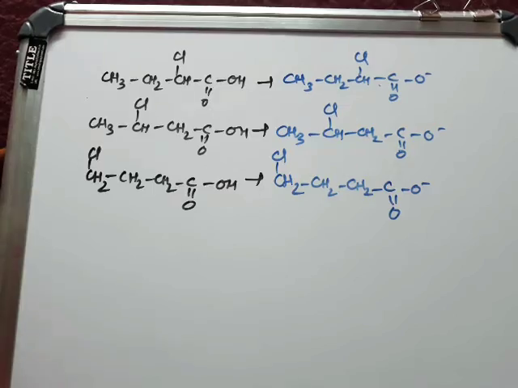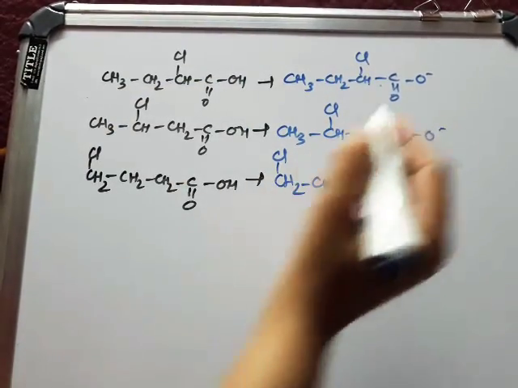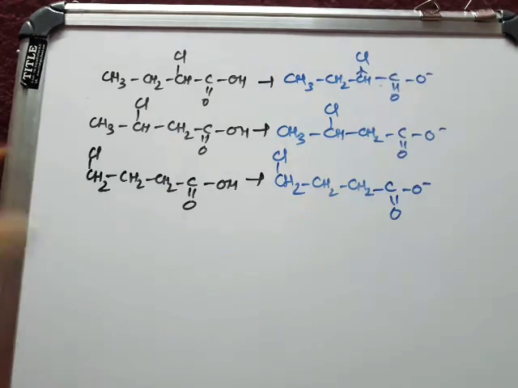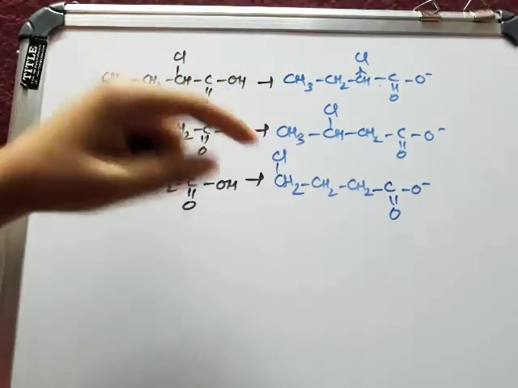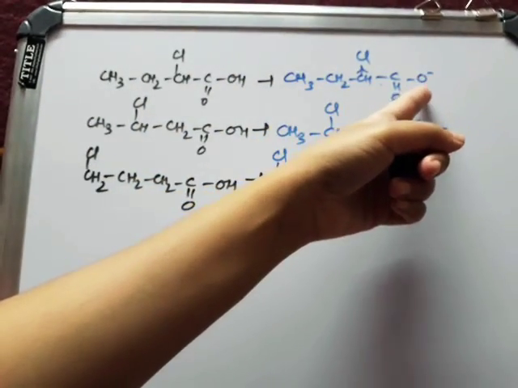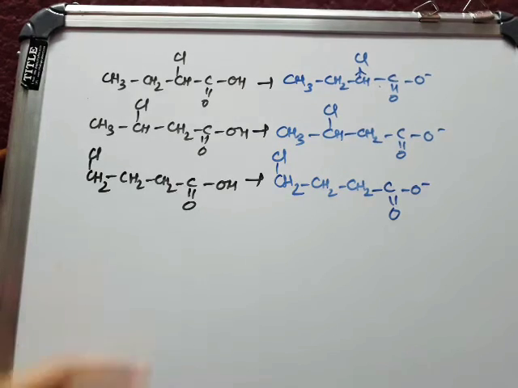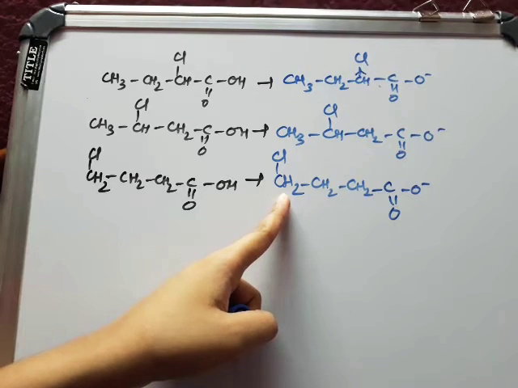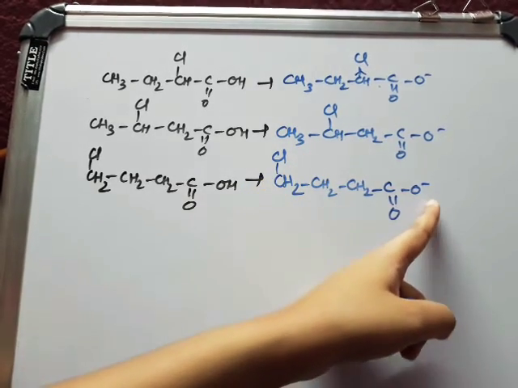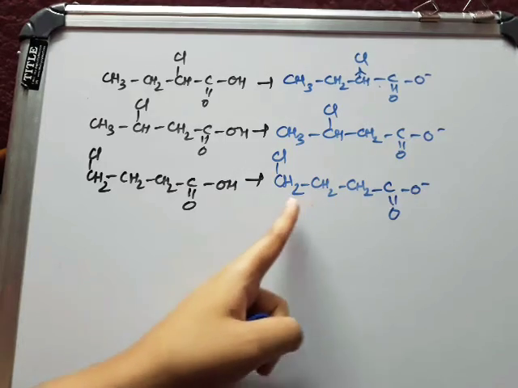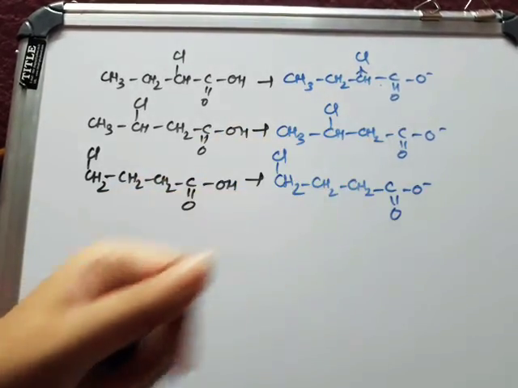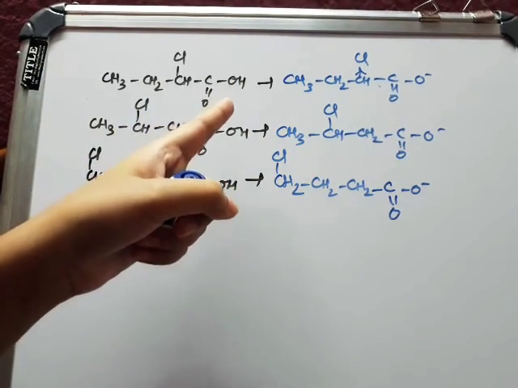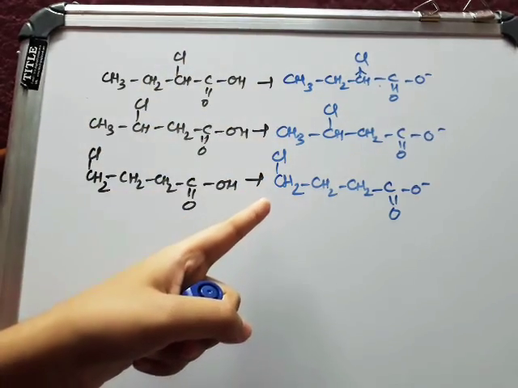Okay, so here you can see that chlorine has negative inductive effect, so it will attract the electron pairs towards itself, so it will try to nullify this negative charge, right? But here you can see it is in the 3 position and here it is in 4 position. So they are far apart from the negative charge and cannot nullify as effectively as this one. That's why the conjugate base of 2-chlorobutanoic acid is most stable among these 3, right?